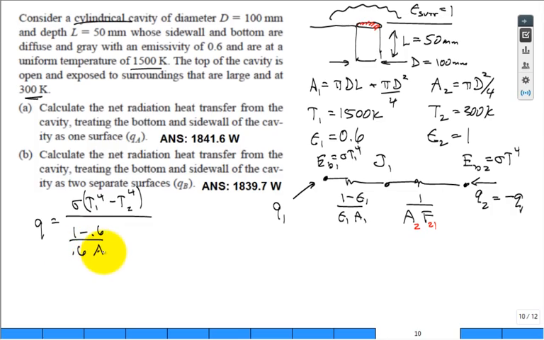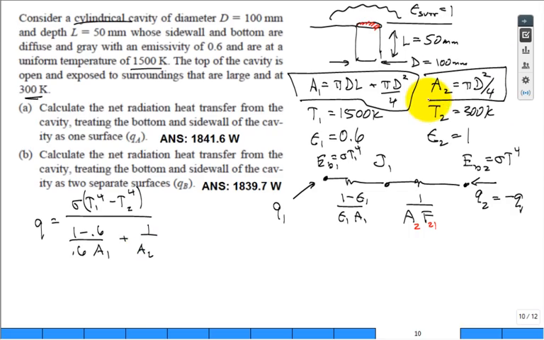You do have to do a little work to get A1, don't you? We already described that. Here's the equation for A1. And then you have the 1 over A2, which is pretty easy, times the view factor 2 back to 1. And there you go.